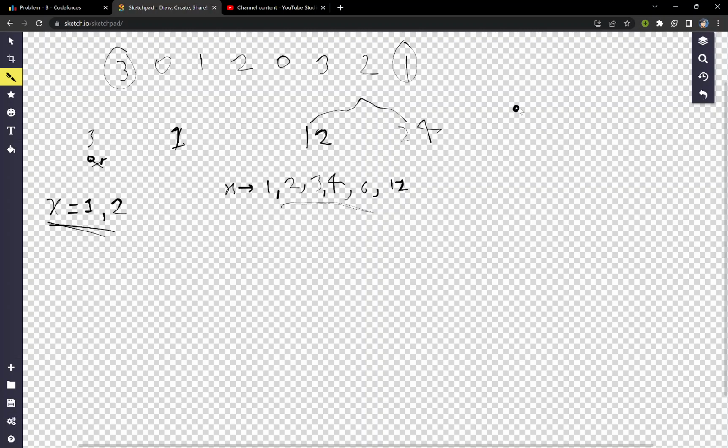Similarly, if we have 9 and 12, the values of x for which after taking mod we will get equal values will be 1, 3. We can't take 4, we can have 6, no we can't have 6. We can have 9, no we can't have 9.